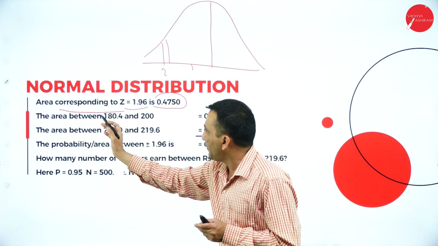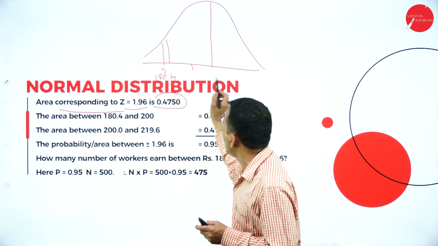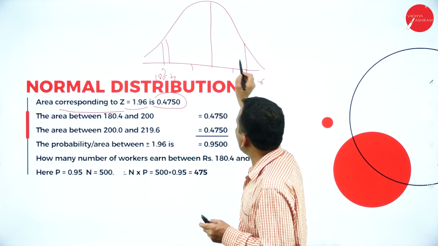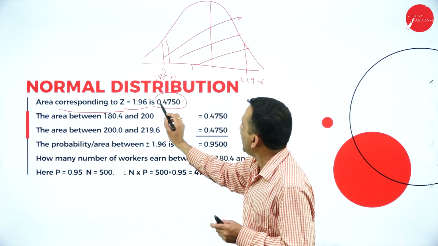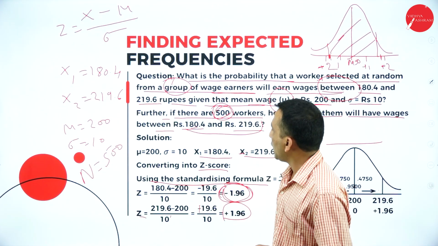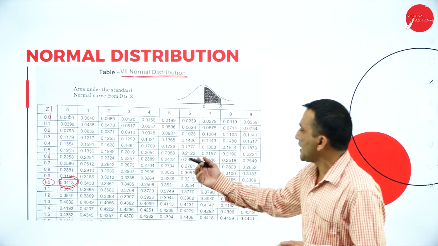This is applicable for the left side. Here we identified 180.4 and here 219.6, and up to here is the area we identified. On both sides we are getting 0.475, and we can refer to the table for 1.96, where the graph is extending.